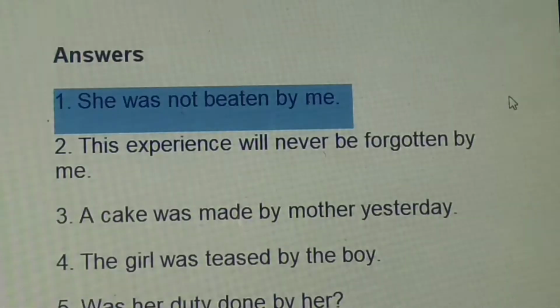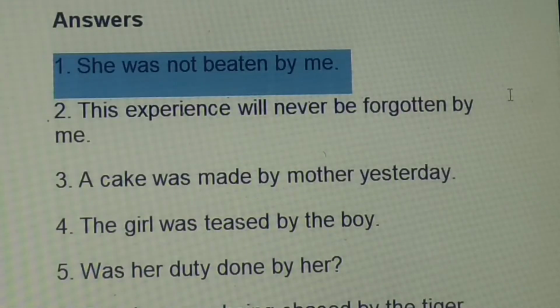Now, let us have a look at the answers. She was not beaten by me. This experience will never be forgotten by me. A cake was made by mother yesterday. So these are the correct answers. Kindly check. If you haven't got them right, please do the corrections so that you learn. The girl was teased by the boy. Was her duty done by her?